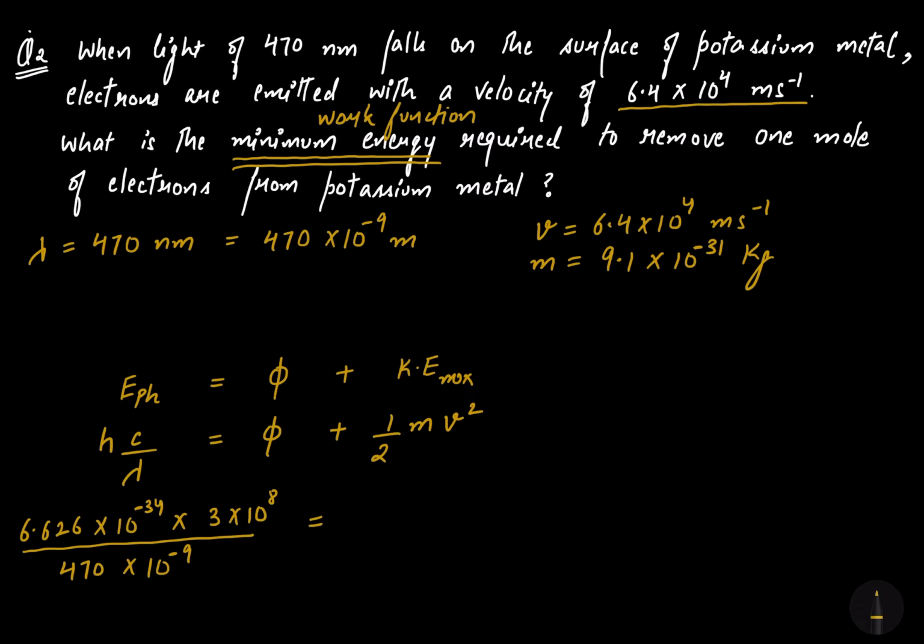It is equal to phi plus half times m, which is 9.1 into 10 raised to the power minus 31, into the given velocity, 6.4 into 10 to the power 4, whole square.